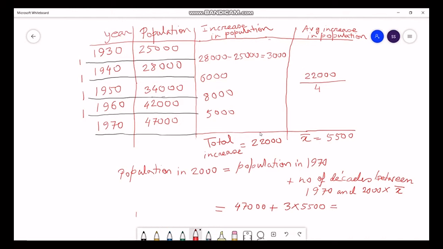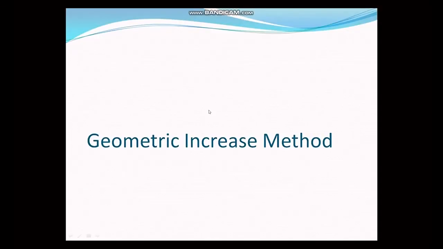So calculating all together, we get the value of 63,500. So as per the arithmetic increase method, the population in 2000 would be 63,500. Now let us do the same problem by applying the geometric increase method.